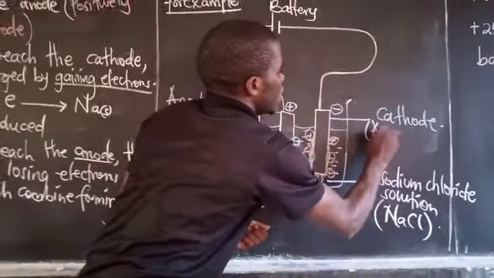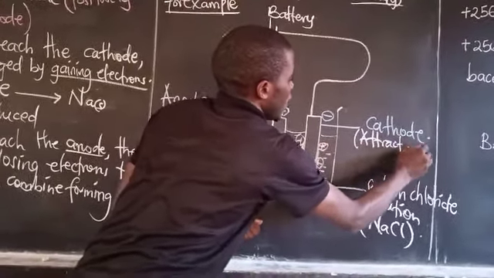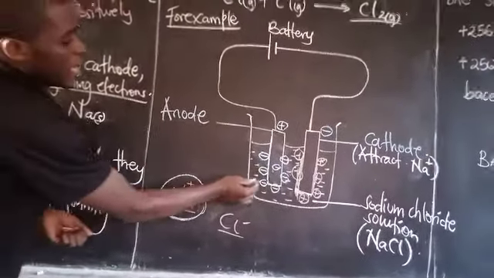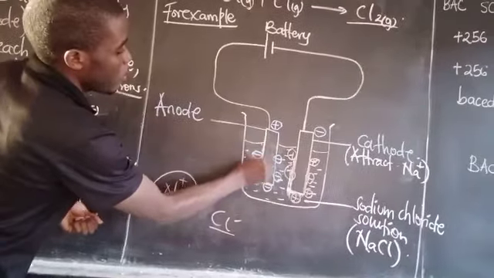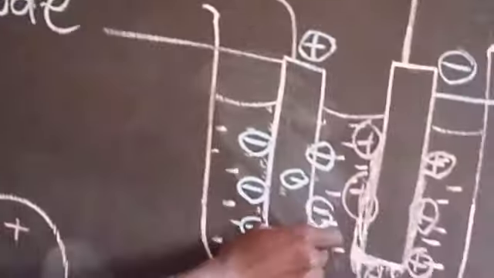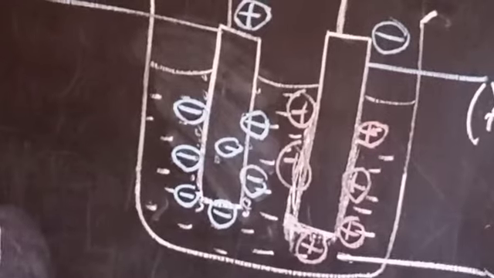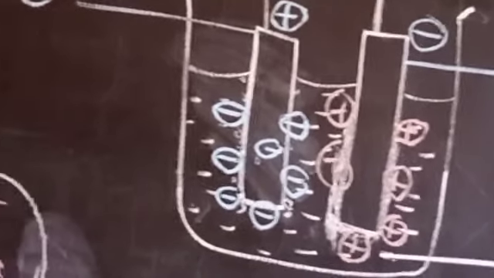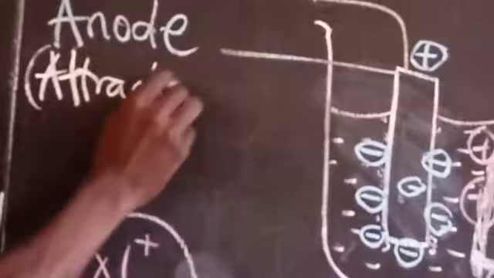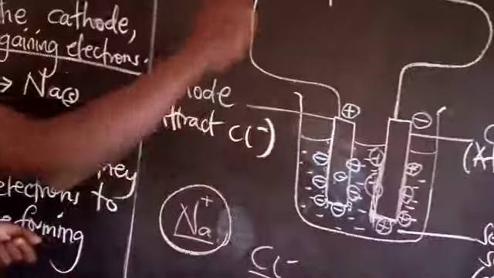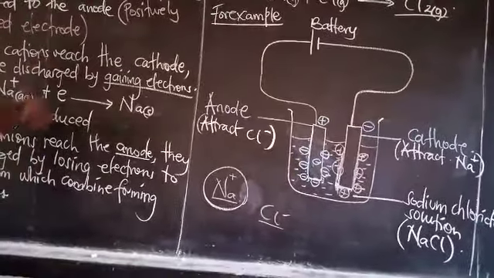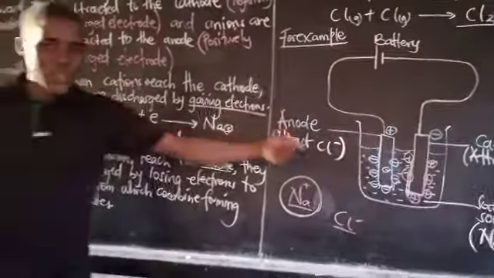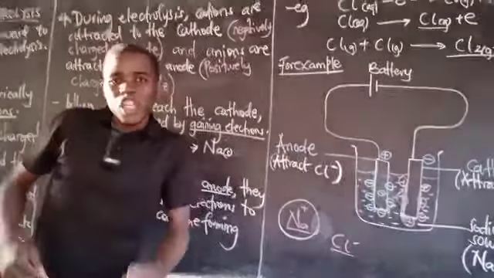This one will attract sodium ions. And then you will end up seeing bubbles around this electrode, small balls containing chlorine gas. So this one will attract chloride ions.